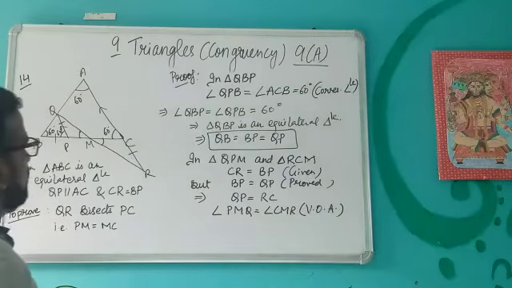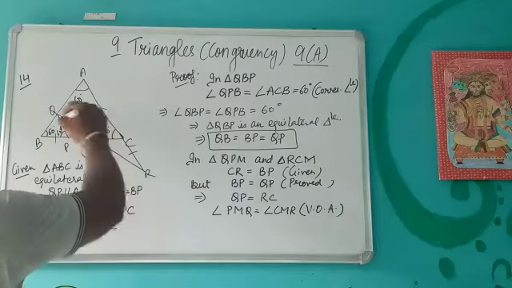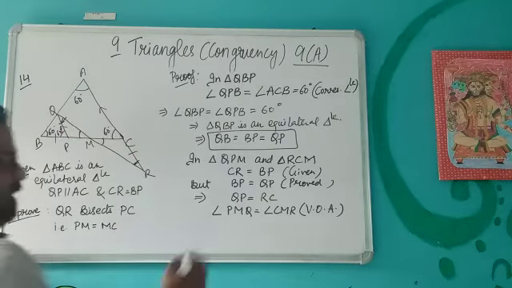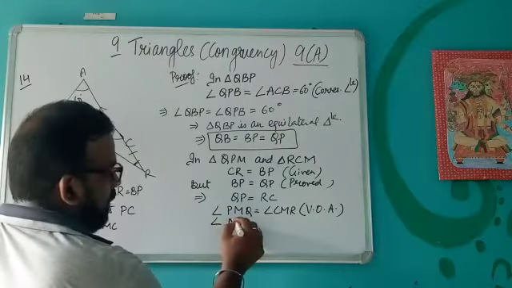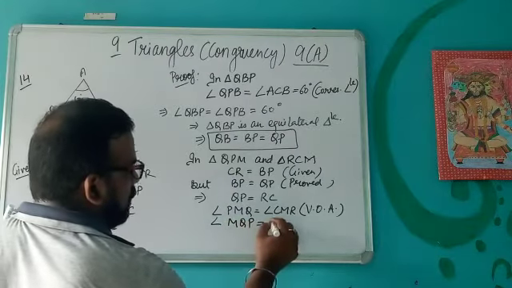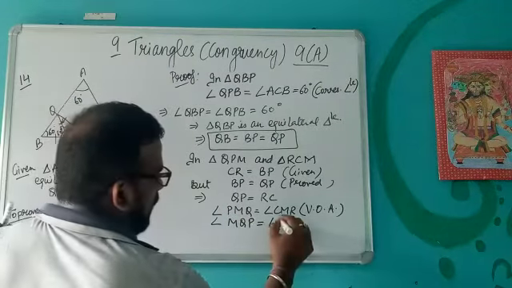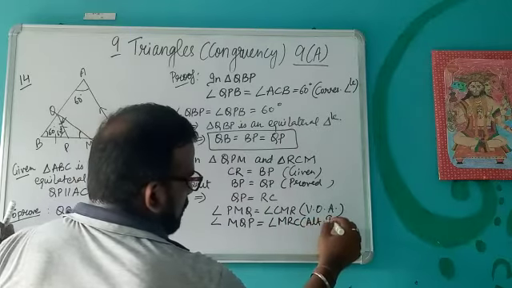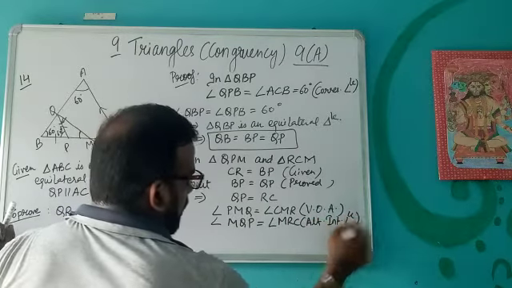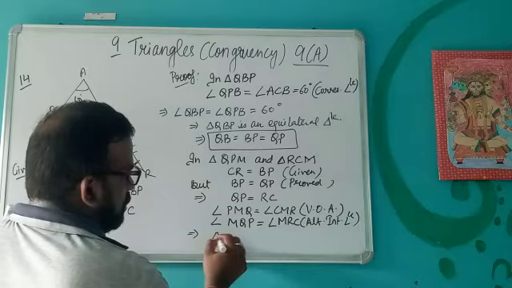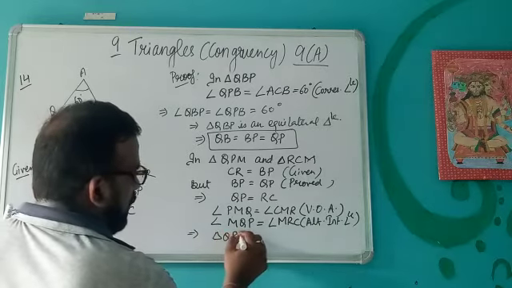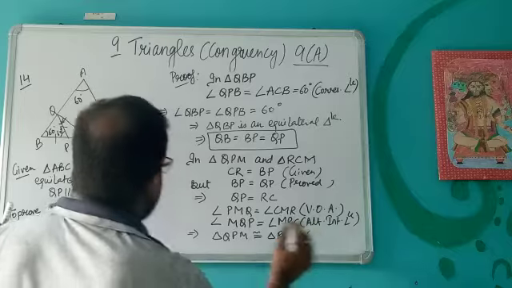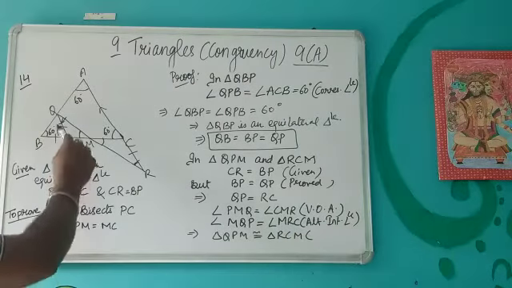Then since these lines are parallel to each other, this angle will be equal to this angle, that is angle MQP is equal to angle MRC by alternate interior angles. So triangle QPM is congruent to triangle RCM by which criteria again?